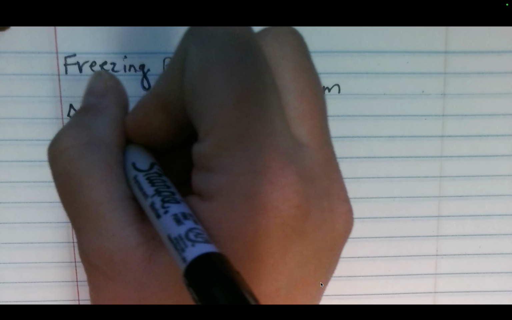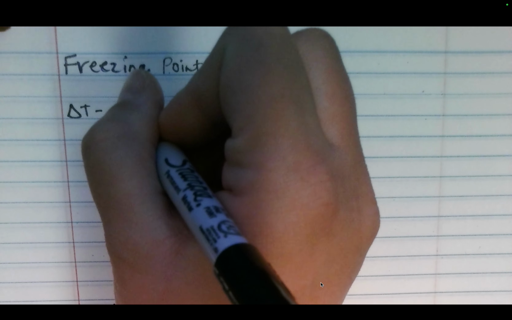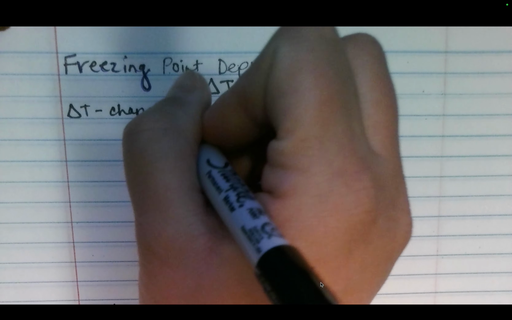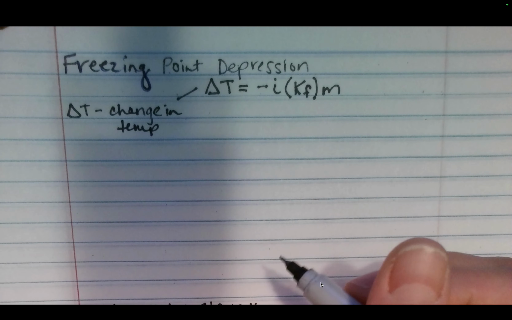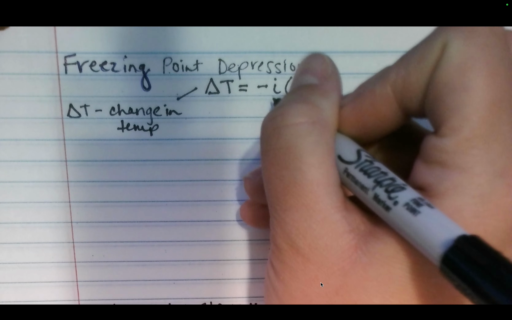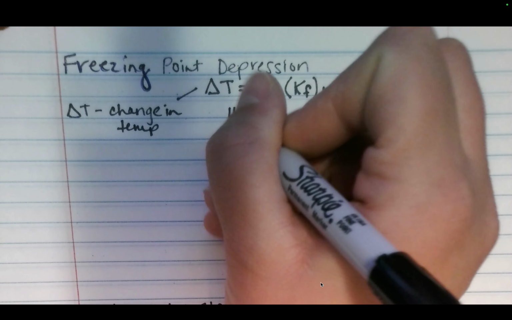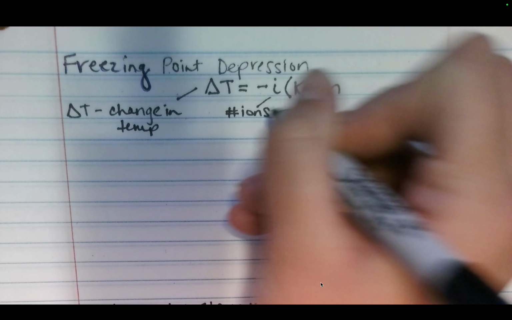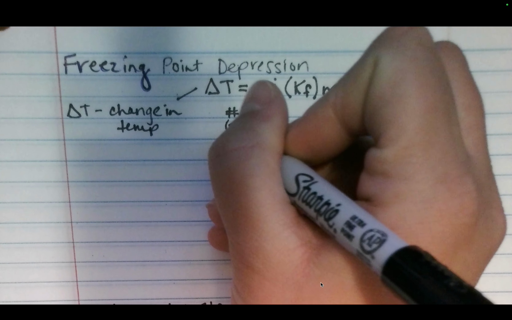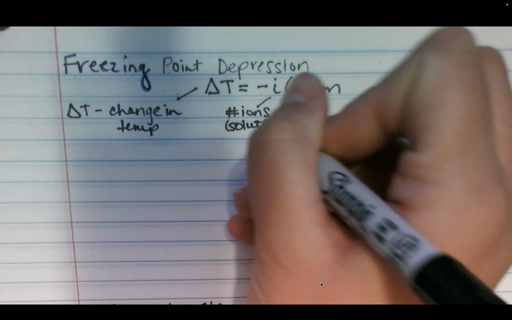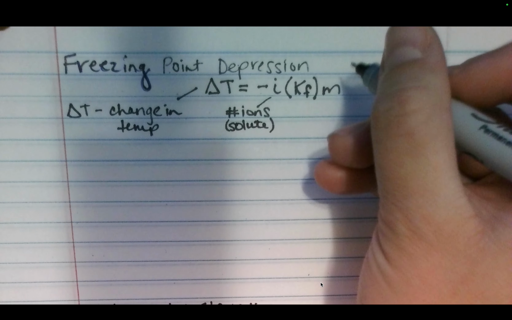Okay, remember delta T, change in temperature. Negative i is the number of ions in your solute. We'll talk about how to determine what that is.